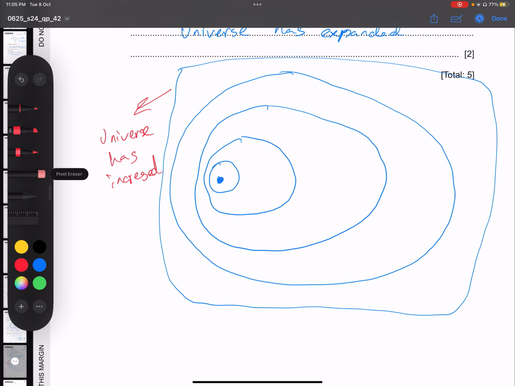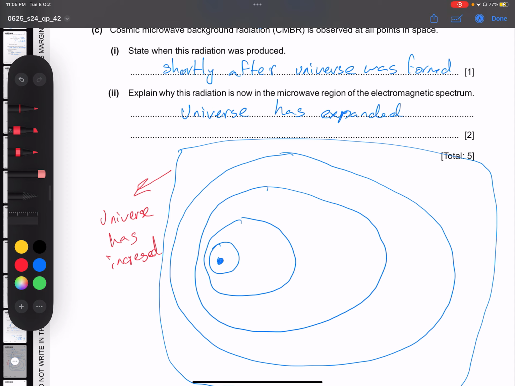So from gamma rays, which was originally produced when the universe was formed, it has been slowly redshifted, where the wavelength has kept on increasing and the frequency has kept on decreasing, and it has stepped down in the electromagnetic spectrum slowly, one by one, into the microwave region. So the radiation has been redshifted.